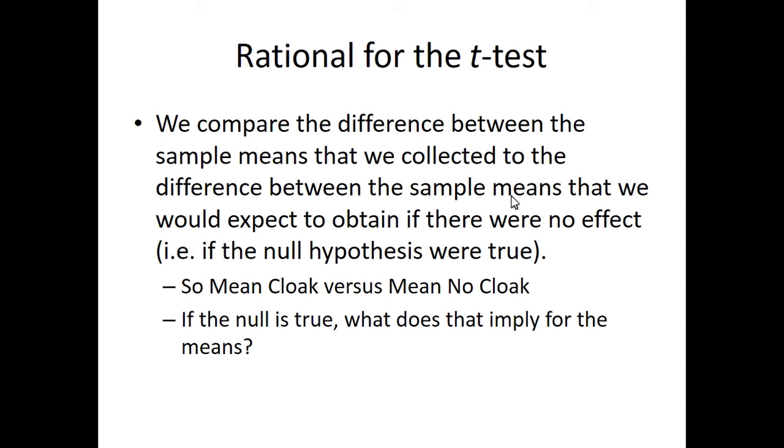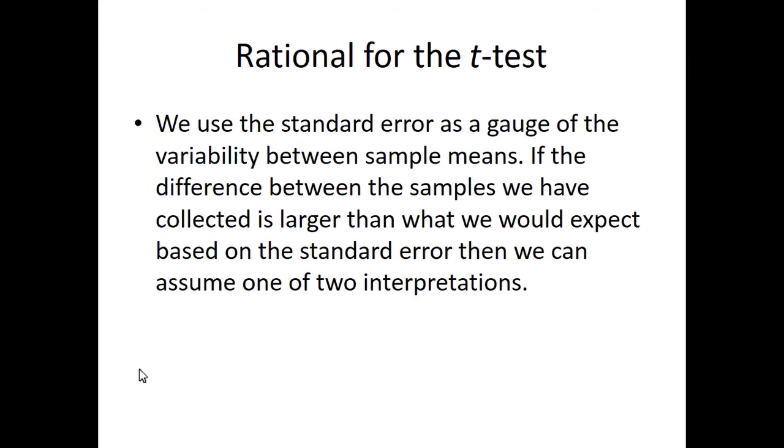If the null is true, we expect the means to be equal. If the means are equal, the difference is 0. So effectively, this question is, is this ratio not 0? Now, not 0 means a lot of different things. It could mean that it needs to be at least a 4-to-1 ratio. It could be that it needs to be at least a 2-to-1 ratio. So not 0 is kind of a range of scores.